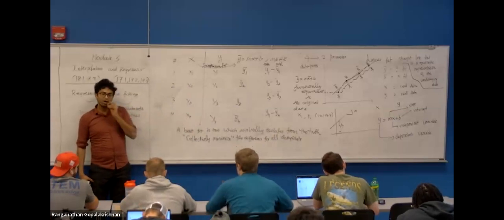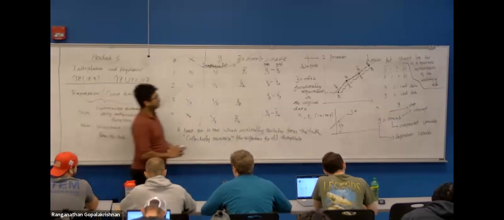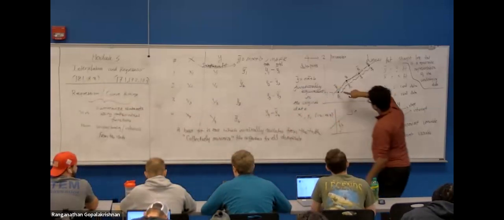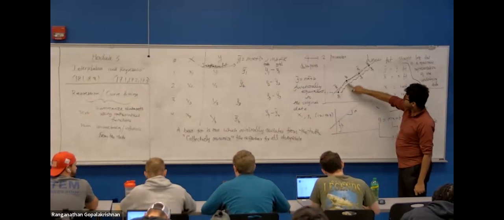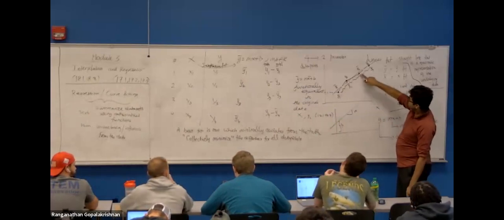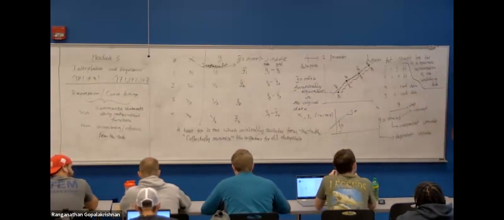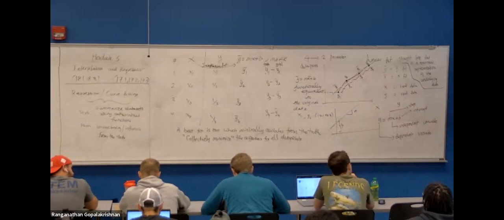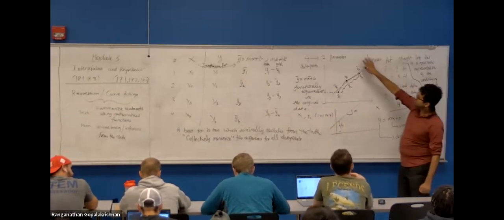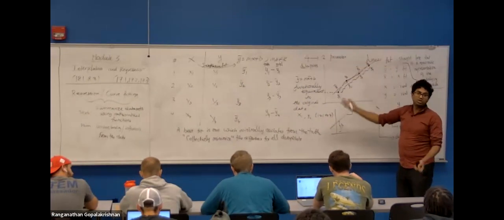Now, what is good for one data point is not good for the other, meaning if you force your straight line to go through 1, it may not go through 2 and 3. If you force it to go through 2 and 3, it may not go through 1 and 4. So you can't do this by just looking at one member of the population. You have to do this by looking at all of them, or you have to do it holistically.